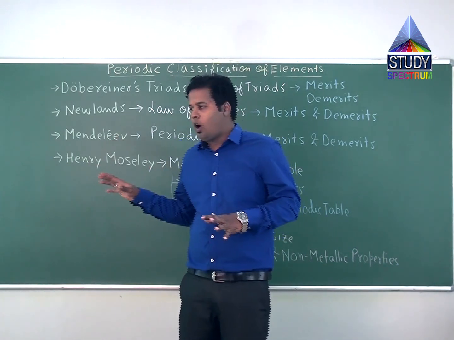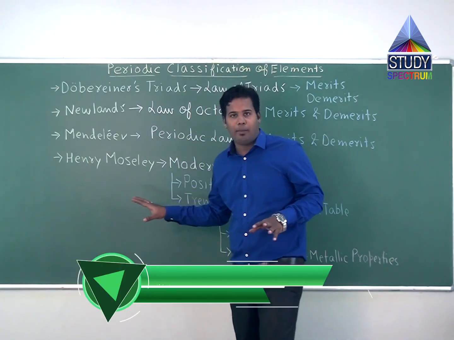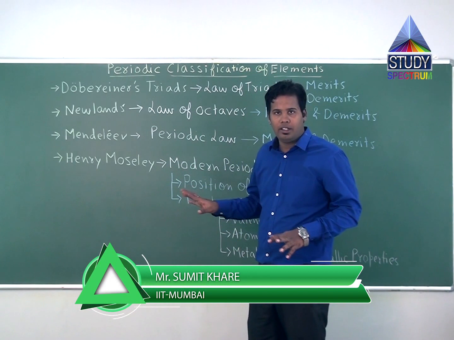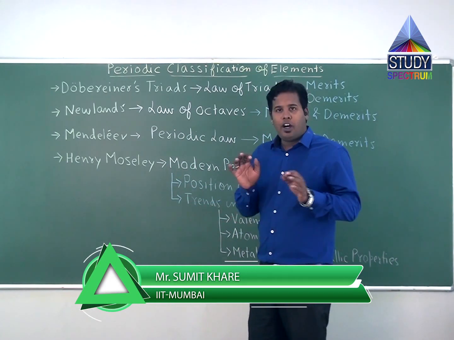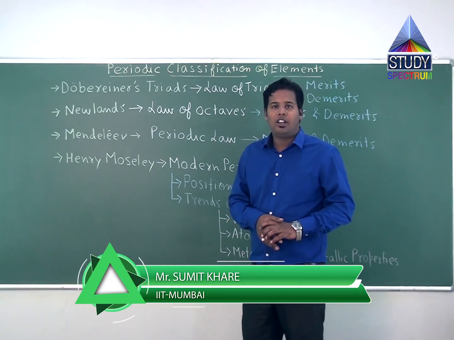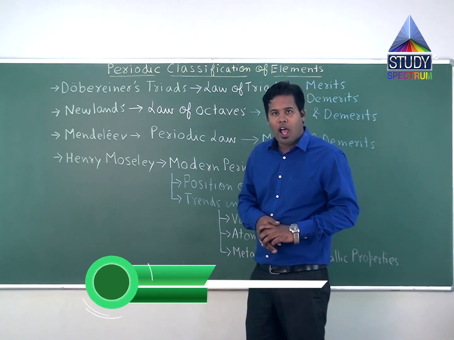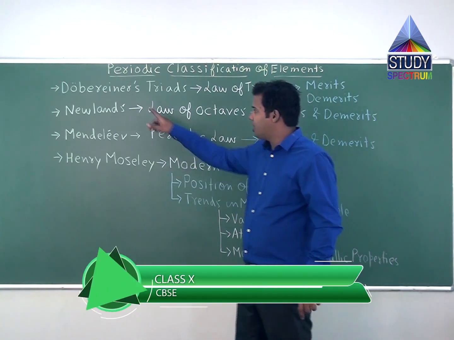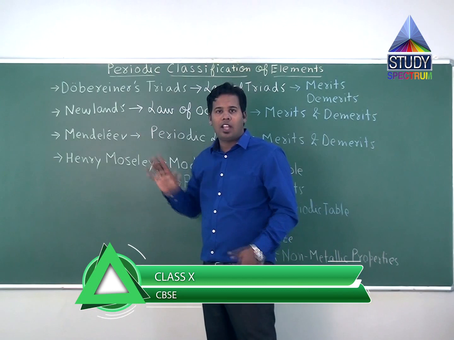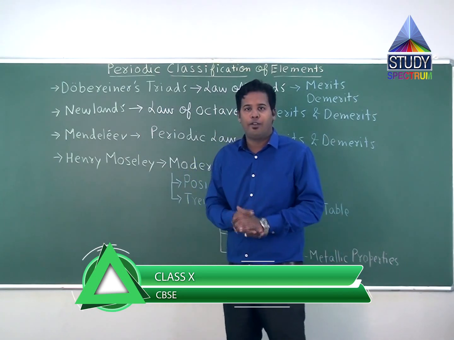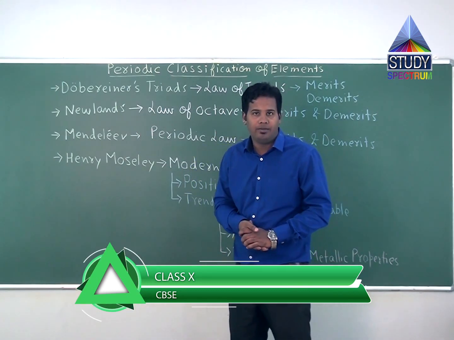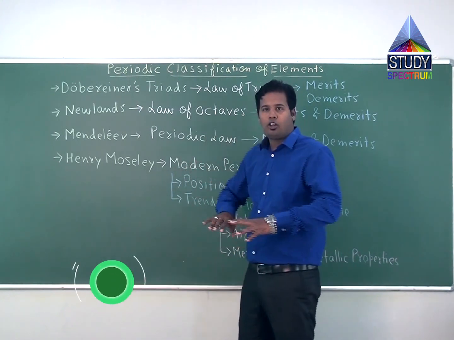Here is a normal layout of what we are going to study in this chapter, periodic classification of elements. The first recognized scientist, a German scientist named Johann Wolfgang Dobereiner, was the first who classified a few elements in the form of triads. We'll study all these topics in detail.